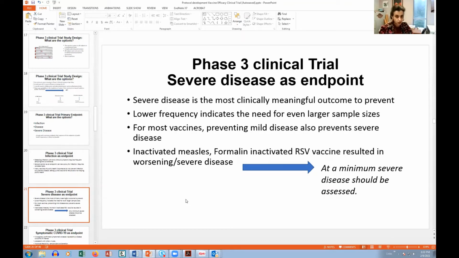But I want to caution you here that it's something that at least should be assessed in the study, because there is history in certain vaccines resulting in worsening or more severe disease in those who got the vaccine. So at a minimum, we should capture the severe disease endpoint and compare it between the two study groups.